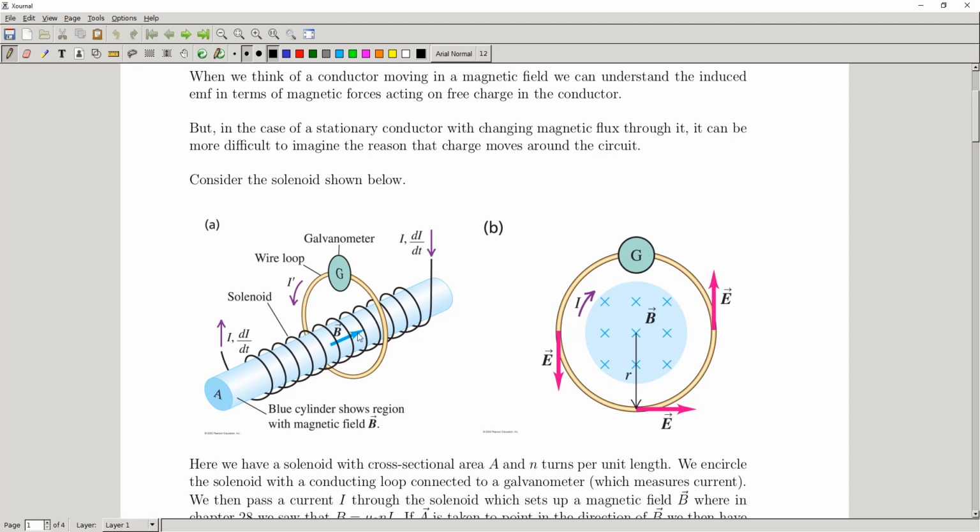If there's an increasing magnetic field in this direction, Lenz's law tells us that the current set up in this loop is going to produce a magnetic field that counteracts this changing magnetic field. And so we can see that our induced current is actually going to run in this direction. But that's kind of beside the point for now.